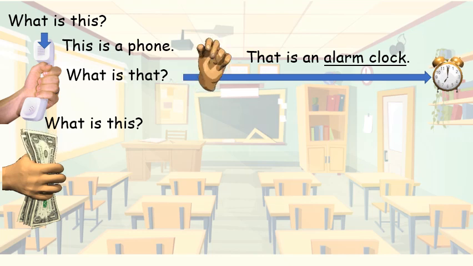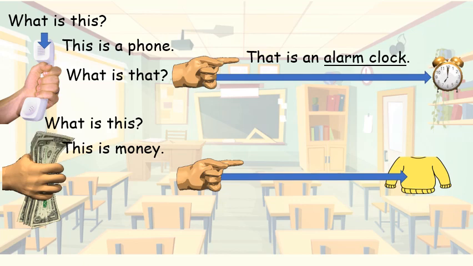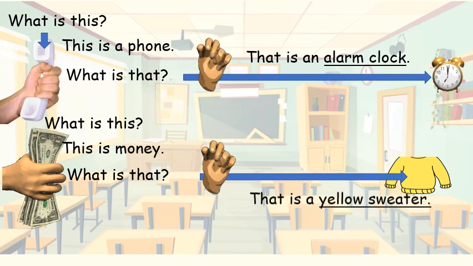What is this? This is money. What is that? That is a yellow sweater.